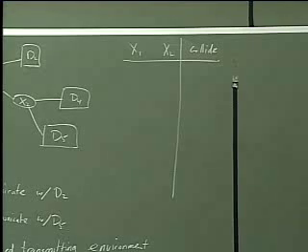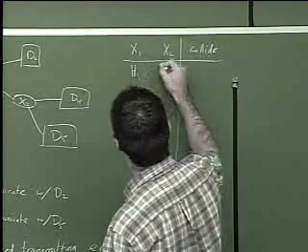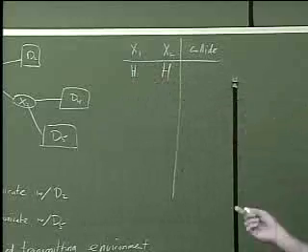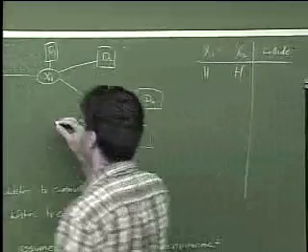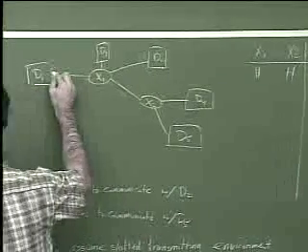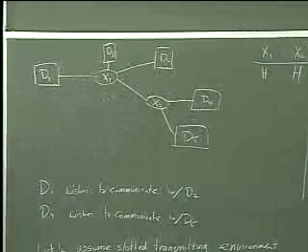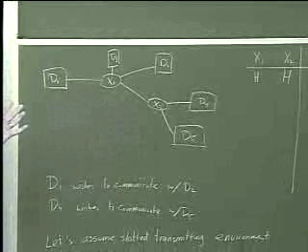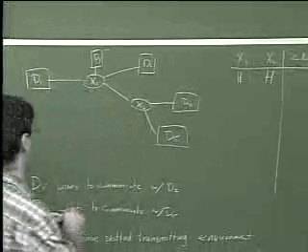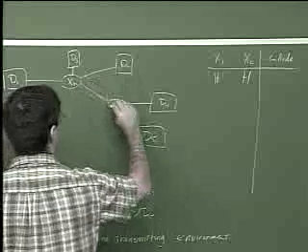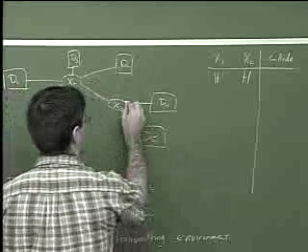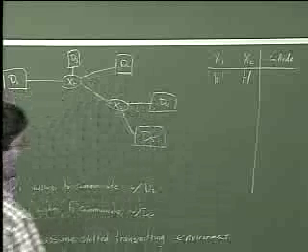If X1 and X2 are both hubs, where hubs broadcast everything, then D1's transmission is going to go to the hub, and the hub is stupid, has no intelligence, it's just going to forward the transmission everywhere. So it forwards it to D3, to D2, and to X2, and X2 is also a hub, so it's going to forward the transmission on all the wires.